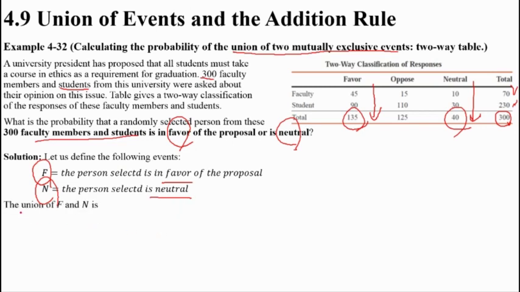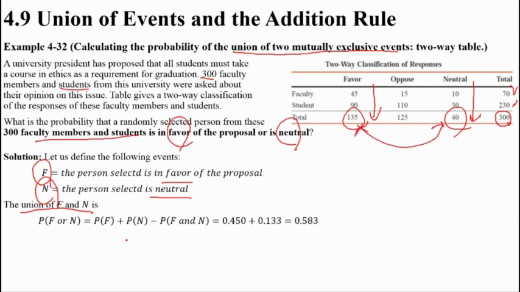The question is the union of F and N. It's the union of that, so the probability of F, the probability of N, and the probability of F and N.